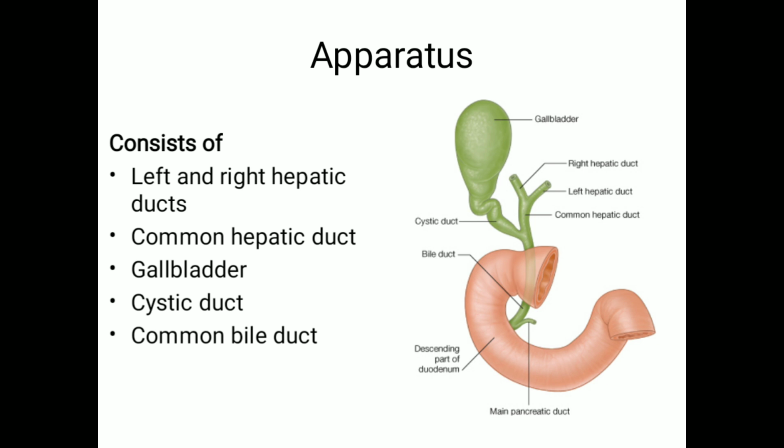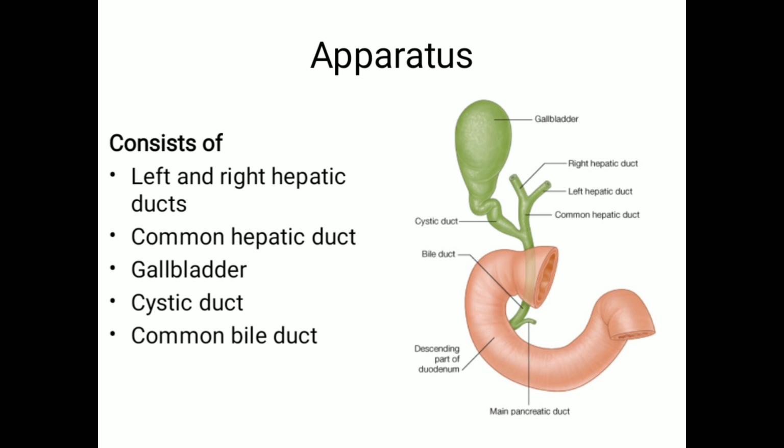This is the gallbladder. The duct of the gallbladder is called the cystic duct. The hepatic duct and the cystic duct join together to form the bile duct, which will open in the second part of the duodenum.